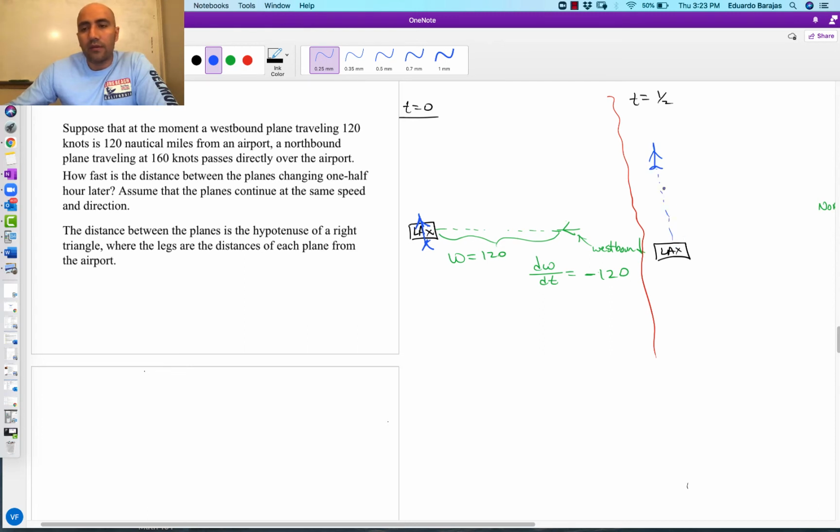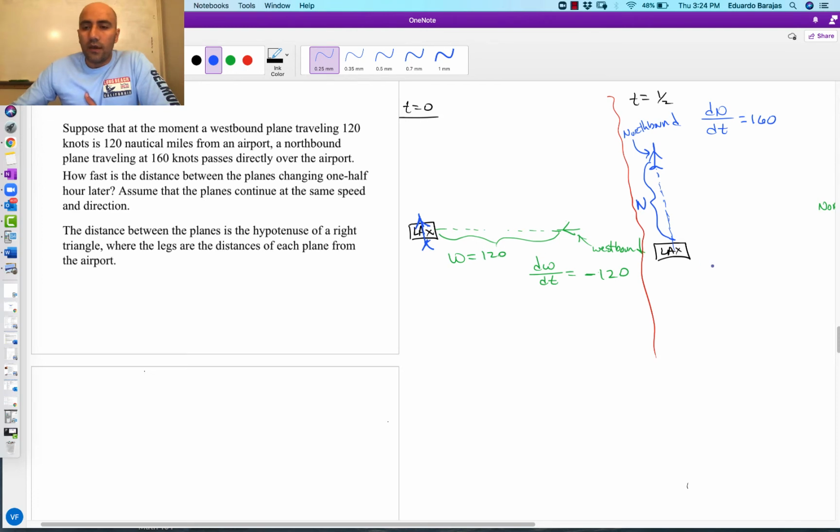So this is the northbound airplane. It has now traveled some distance, capital N, and it has a velocity, a rate of change of this variable, and that's where this dN over dt is going to come in, and we're told that it's traveling at 160 knots.